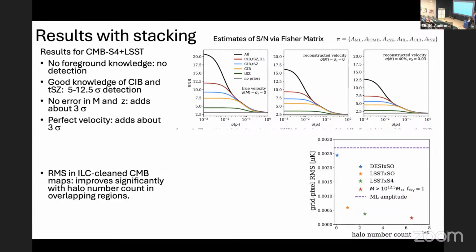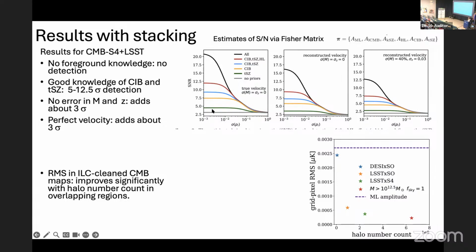Then, how well can you do with the stacking? This is a complex plot, but the main thing to get here is that if you pass from DESI densities of galaxies to LSST, you gain a lot in the simple noise that you have in your map. So you do want a lot of halos to be present in your field. And then you also have some annoyance.